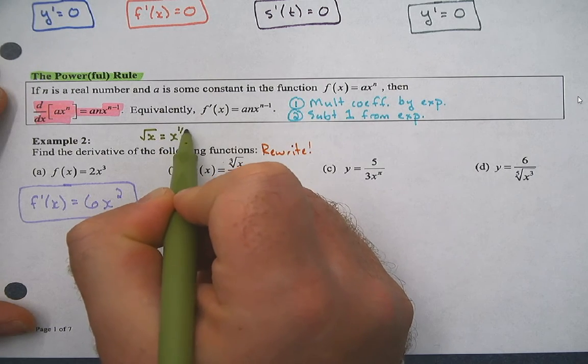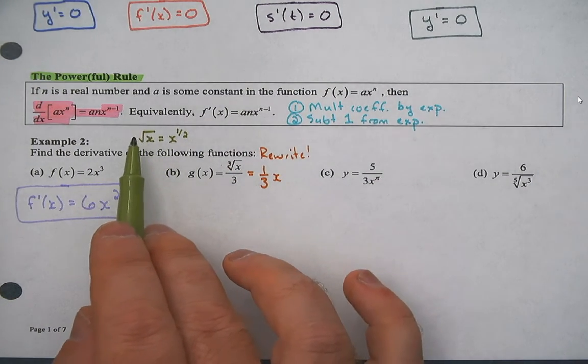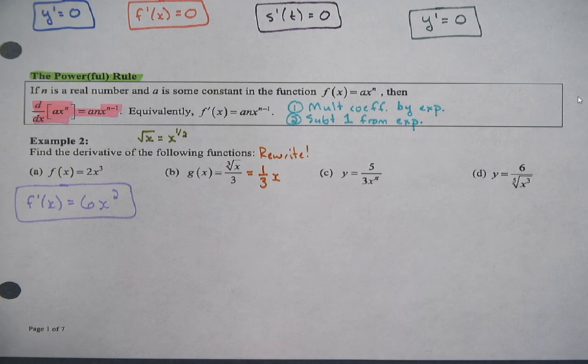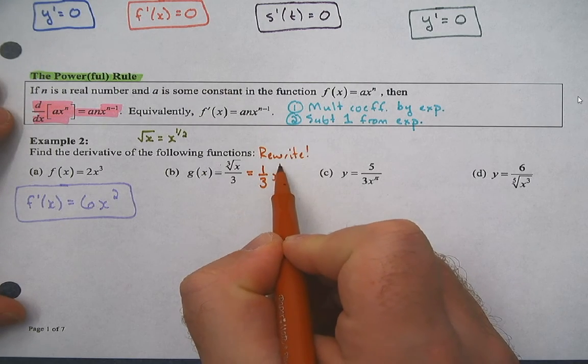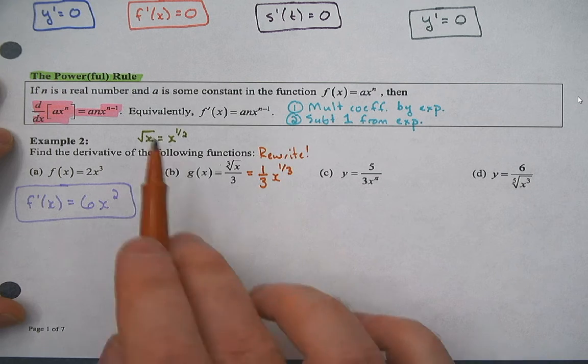X to the 1/2. This is something worth memorizing. So this is a square root, which means a 2 root. That becomes x to the 1 over 2. So if this is a cube root, what's my exponent going to become? To the 1/3. And then a 4th root would be to the 1/4, a 5th root, and so on.